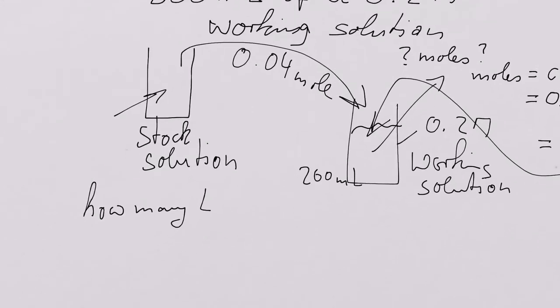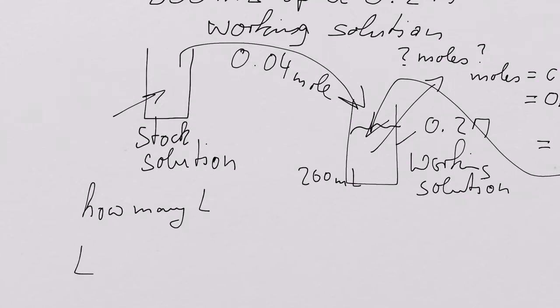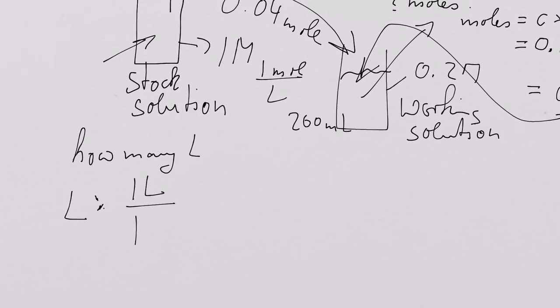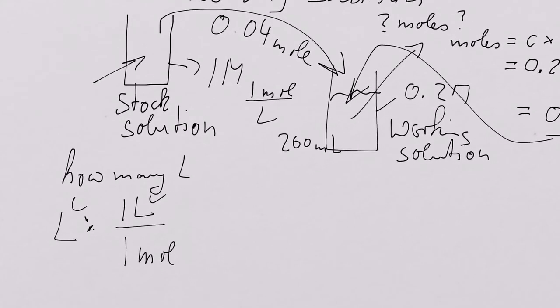So, liters. We know that this is 1 molar solution, so it's 1 mole per liter. So we've got 1 liter here, 1 mole. Now the liter is in the right place, but we have to deal with this mole.